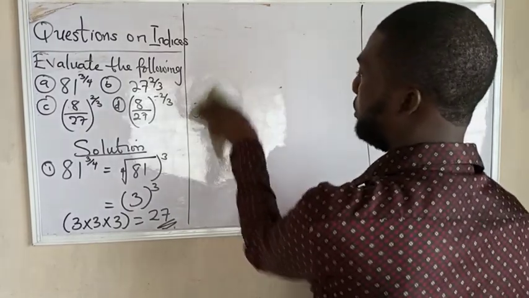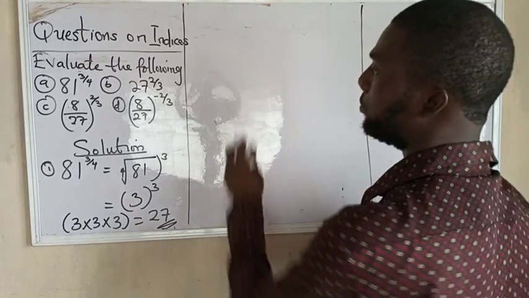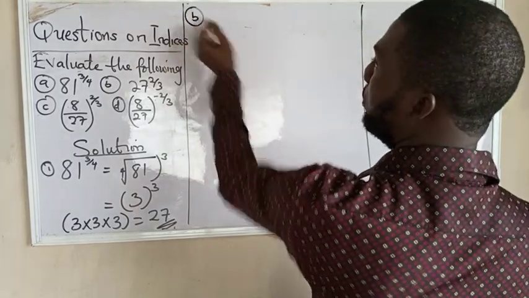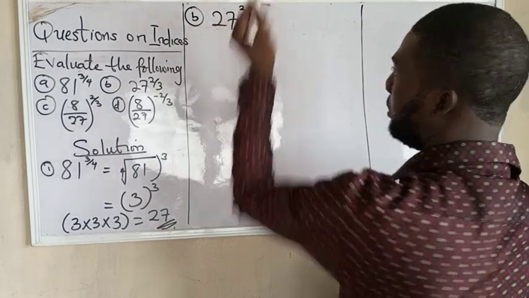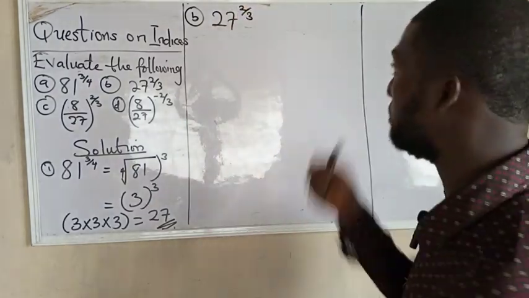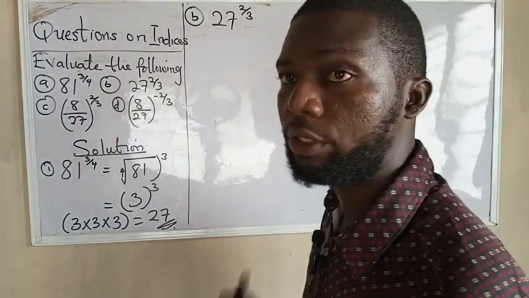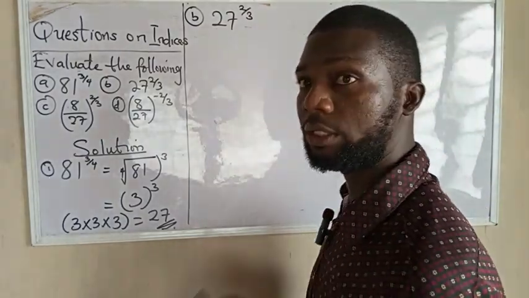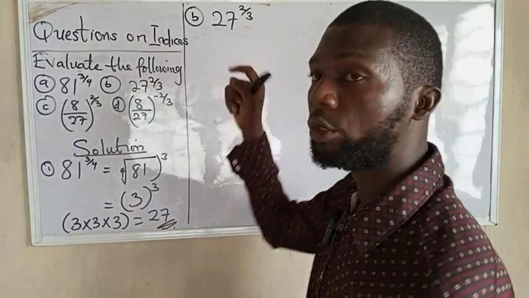Then we'll move on to the next example. The next question here says that B, 27 raised to power 2 over 3. Just like the way we did the first one, the denominator tells us the name of the root. So from here, we can see as well that we are dealing with the cube root.